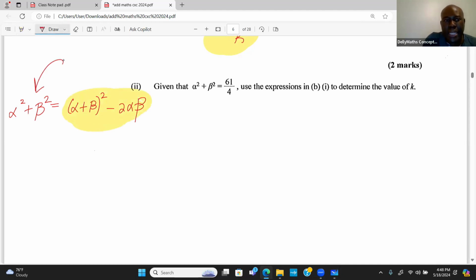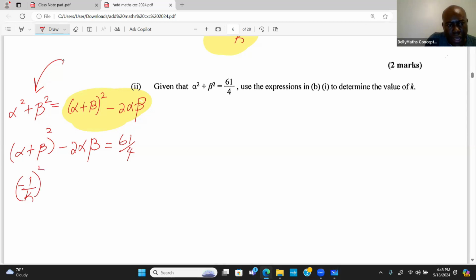So with that said, we take alpha plus beta squared minus 2 times alpha beta, and let that equal 61 over 4. Let us do our quick substitution. What is the sum? The sum was minus 1 over k.